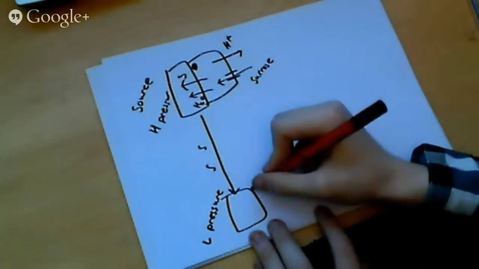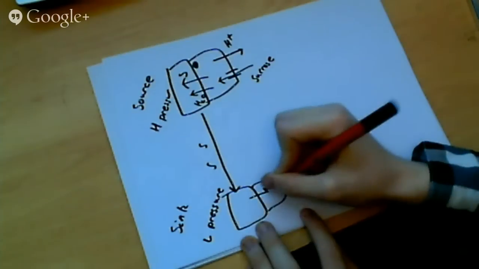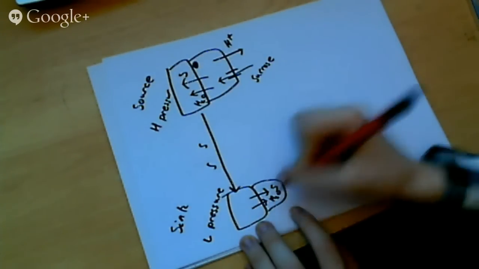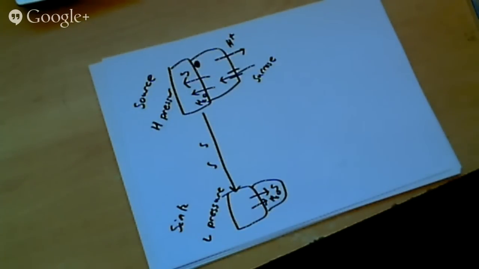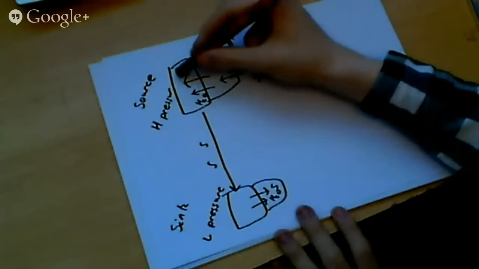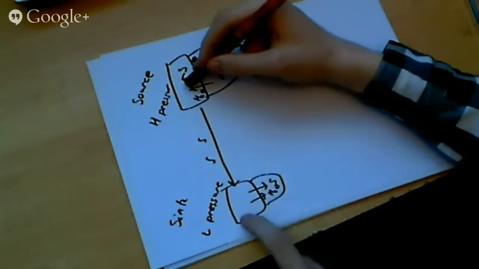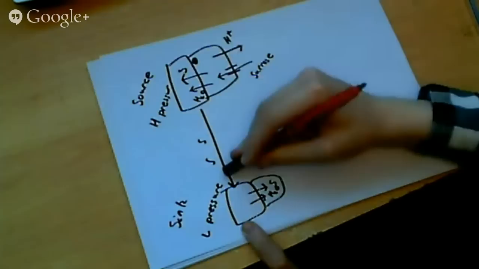And then this is now at a sink. Sucrose diffuses out, lowers the water potential, water diffuses out, again lowering the pressure, keeping that pressure gradient.